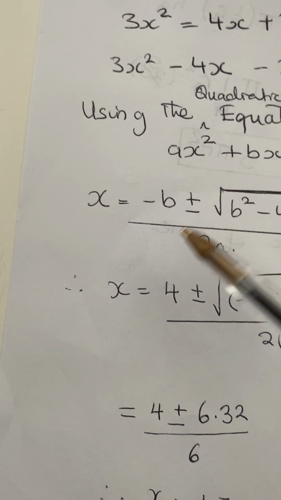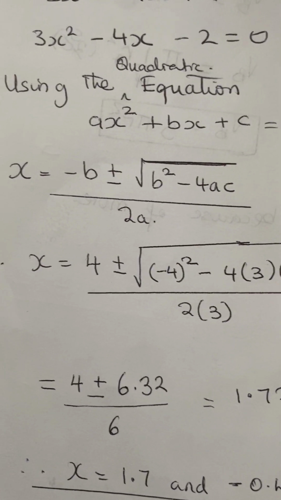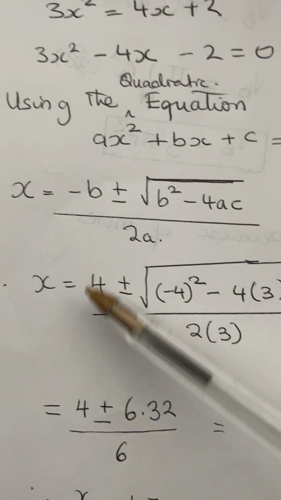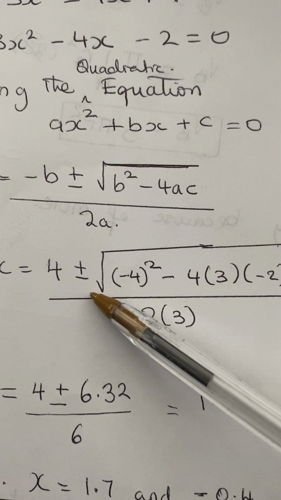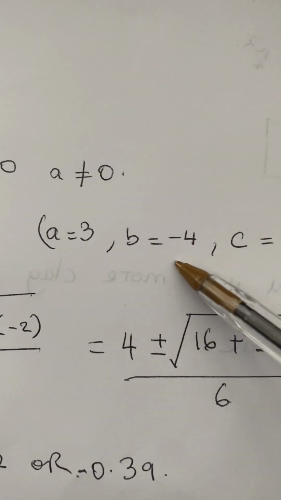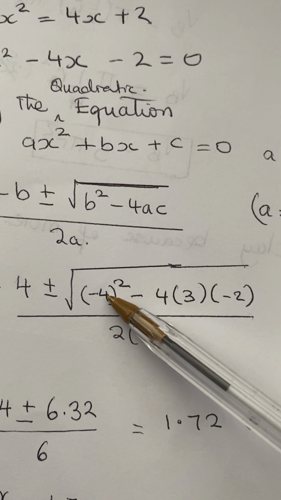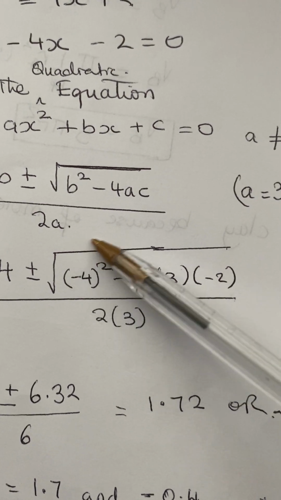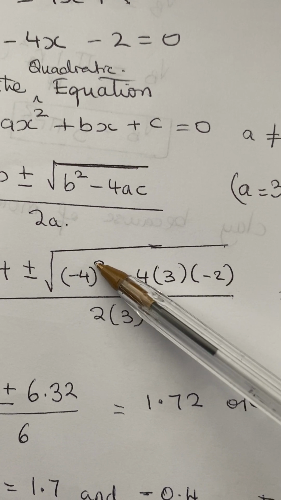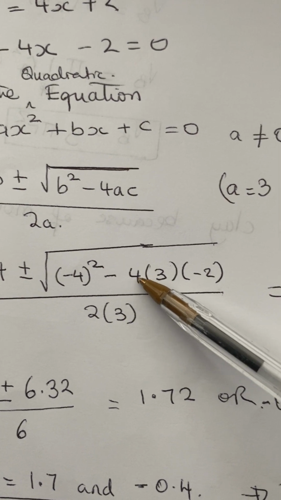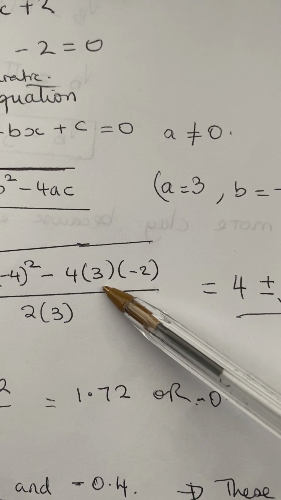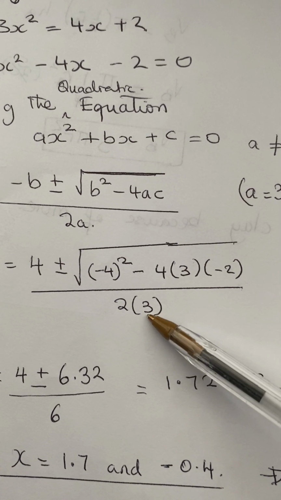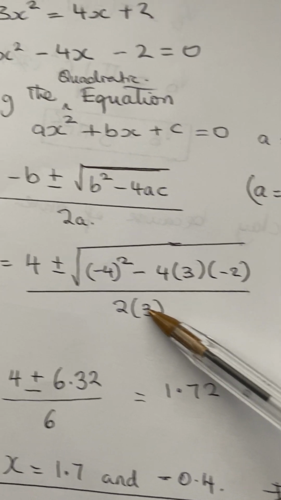Now a is 3, so minus b. b is minus 4, so minus b becomes 4, plus or minus the square root of b squared, which is minus 4 squared, then minus 4, a is 3, c is minus 2, all over 2a, a is 3 again.